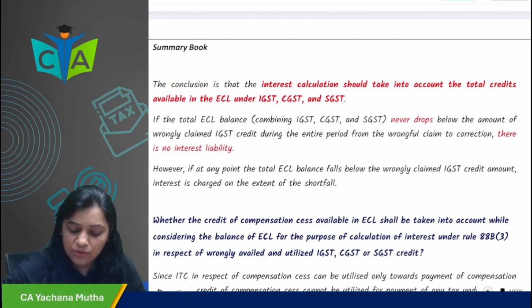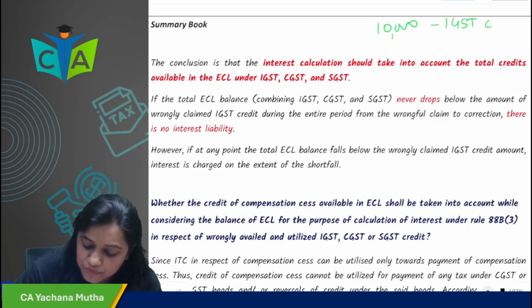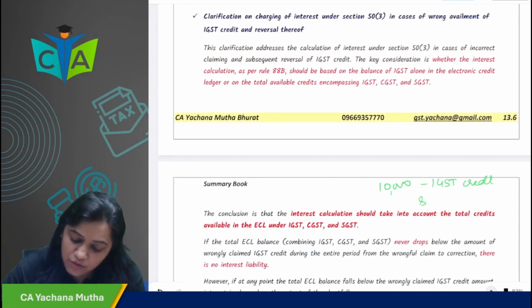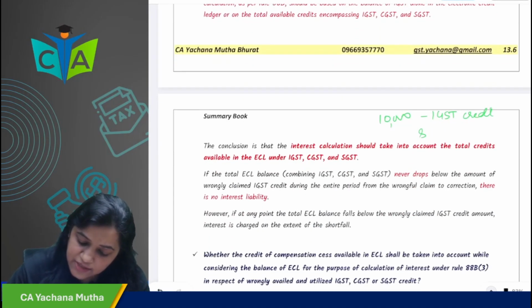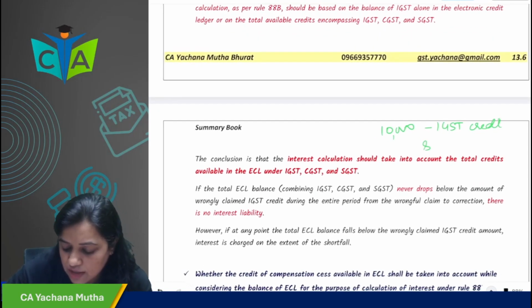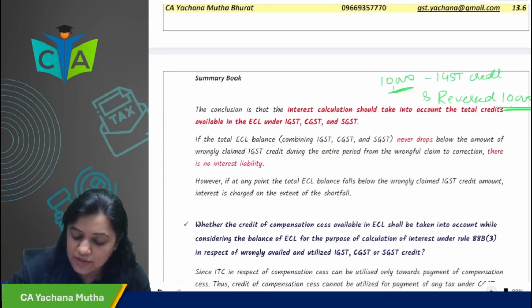So now the interest calculation will be based on the total credit available. For example, you have wrongly taken 10,000 as IGST credit and then you have reversed it also. So for calculation of interest, because you have wrongly availed this credit, what is to be taken?